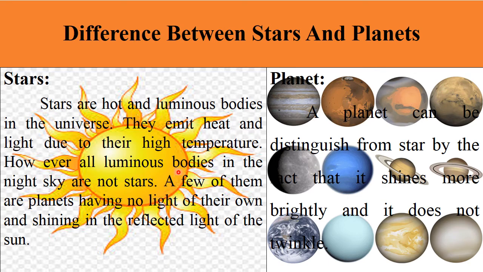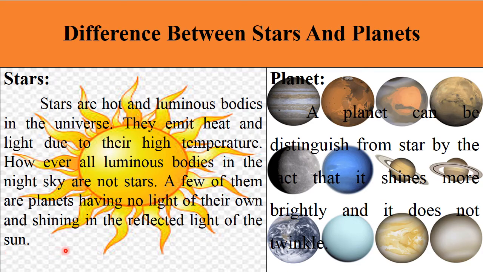However, not all luminous bodies in the night sky are stars. In this sentence, the writer says that it's not necessary that all luminous, shining bodies are stars, because some luminous bodies are luminous due to the reflected light of the sun.